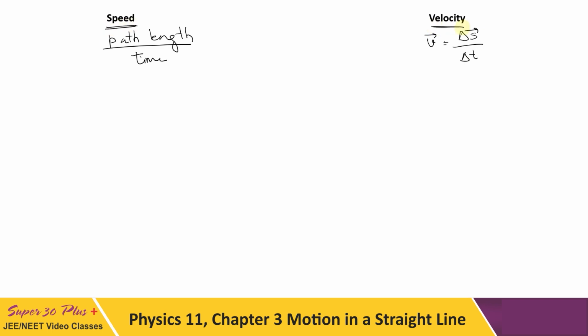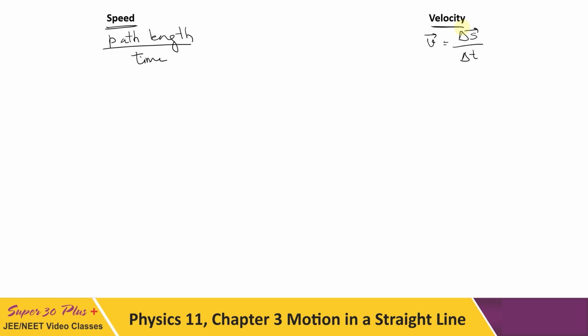Speed has nothing to do with in what direction a thing is moving. It has to do only with how much distance it has traveled in what time. But velocity has to take into consideration both the direction and the length of path. So this is the difference between speed and velocity.